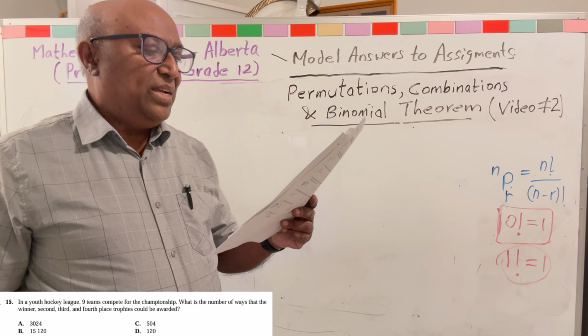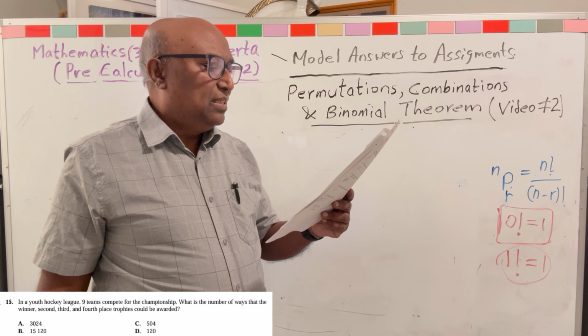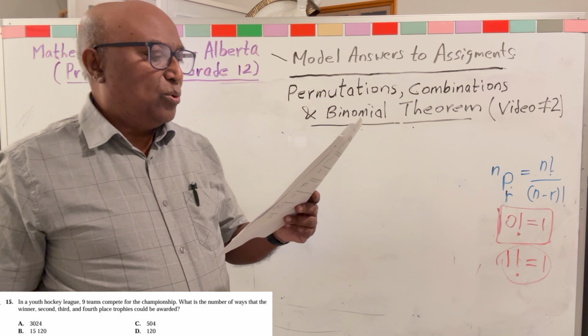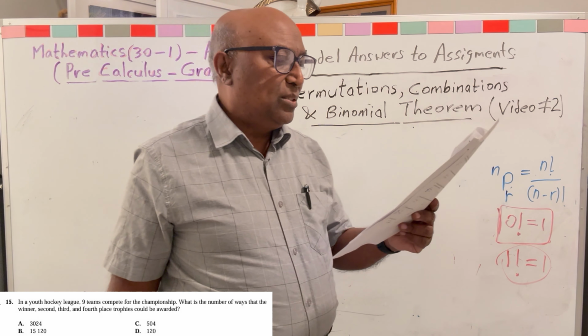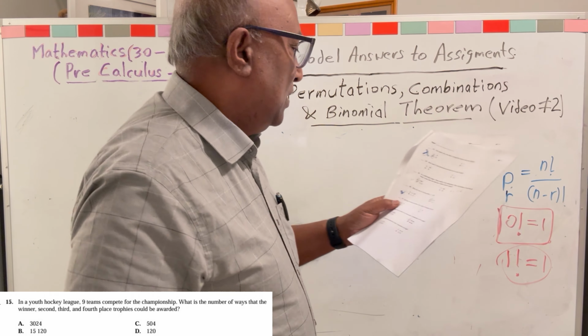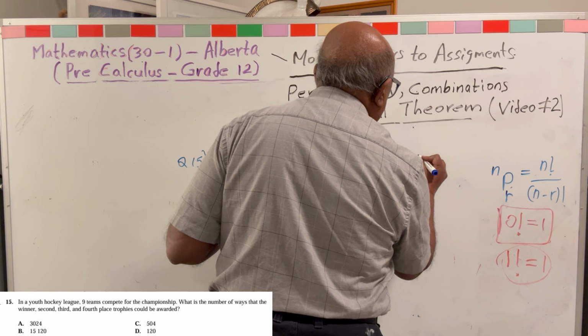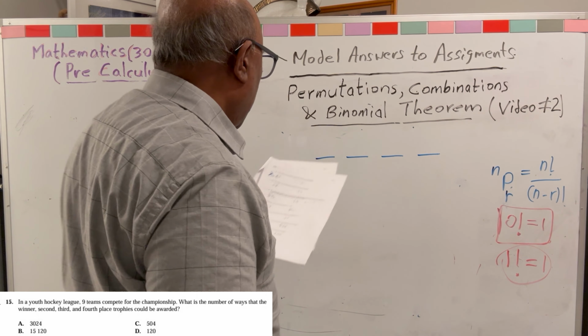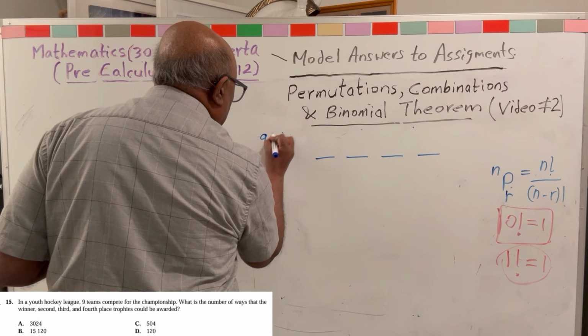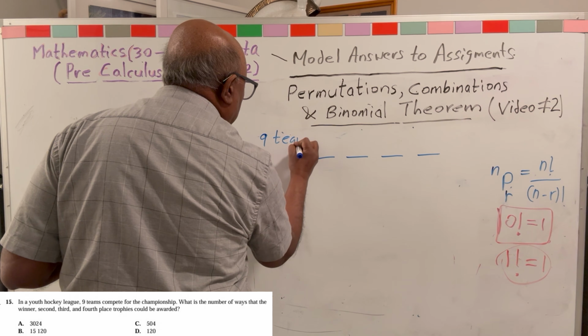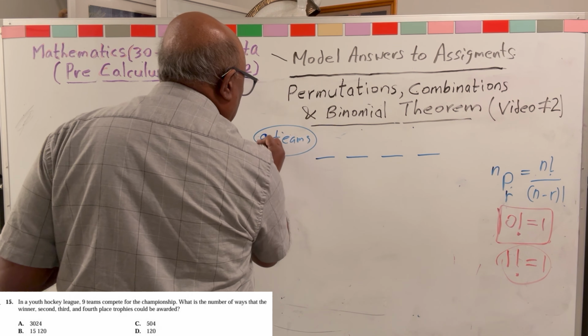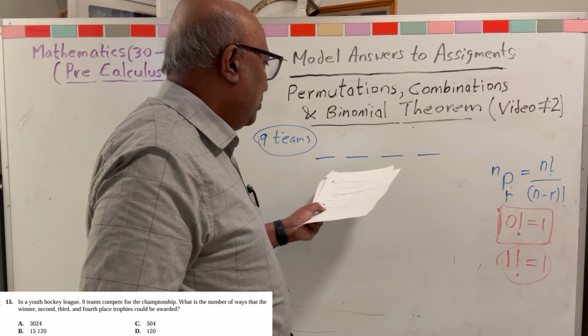What is the number of ways that the winner, second, third, and fourth place trophies could be awarded? We have to fill these 4 places out of 9 teams.